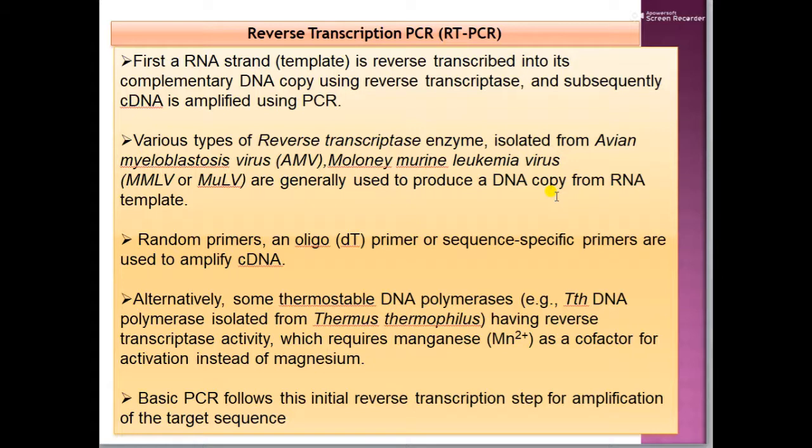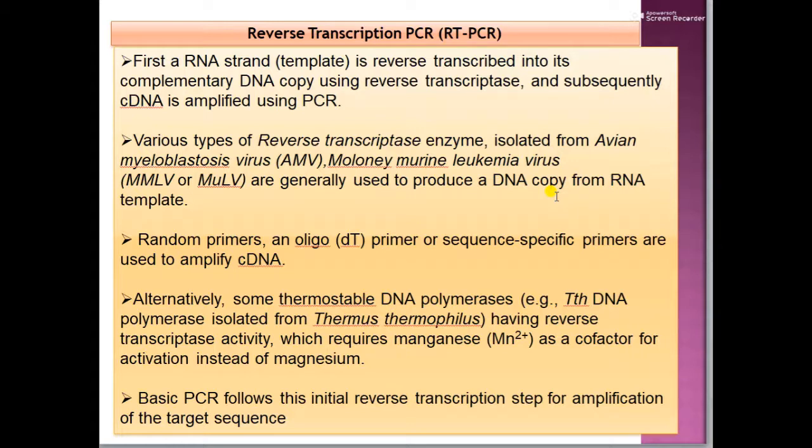And certain other primers such as oligo-dT primers or sequence-specific primers can be used further to amplify the cDNA. And sometimes thermostable DNA polymerases having reverse transcriptase activity, but which require manganese as a cofactor, can also be used instead of the reverse transcriptase enzyme.